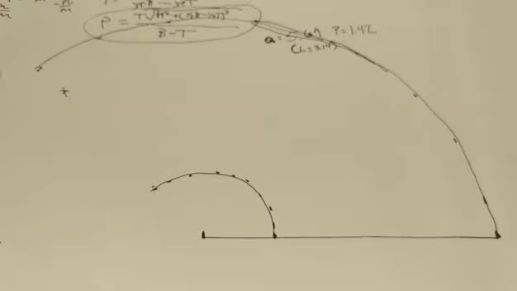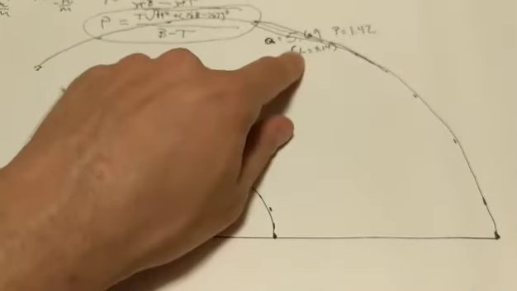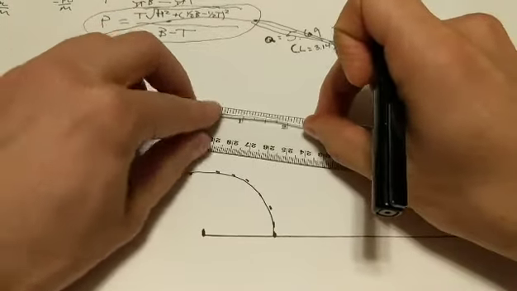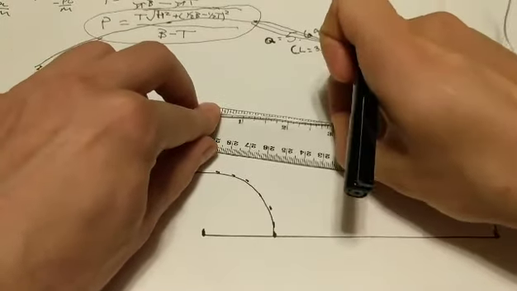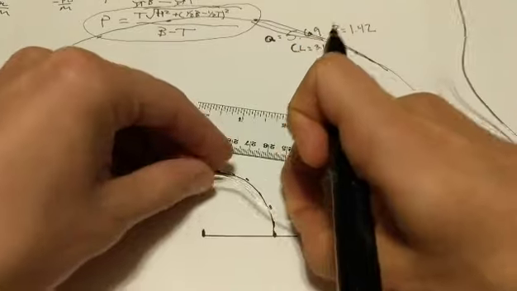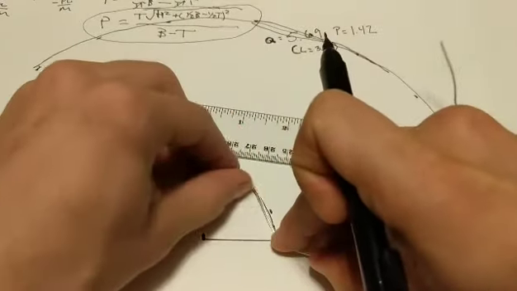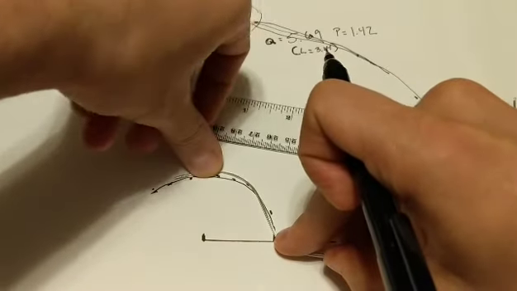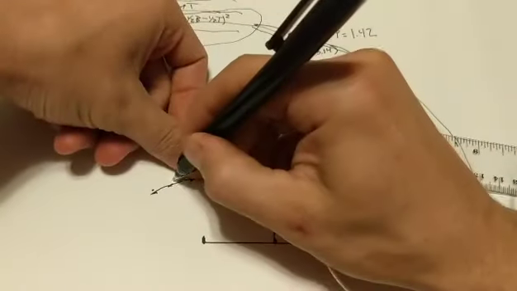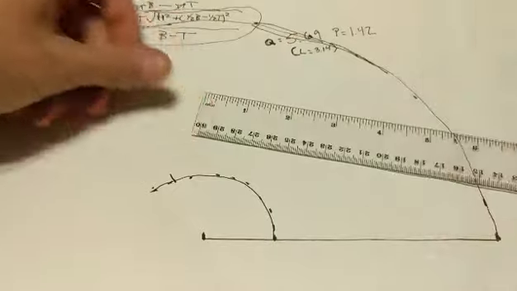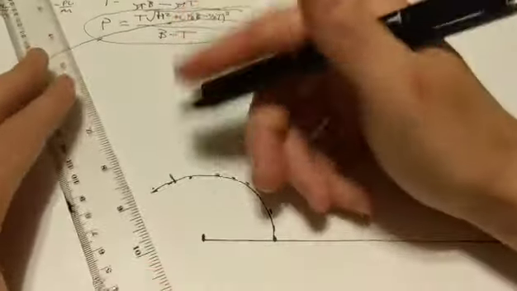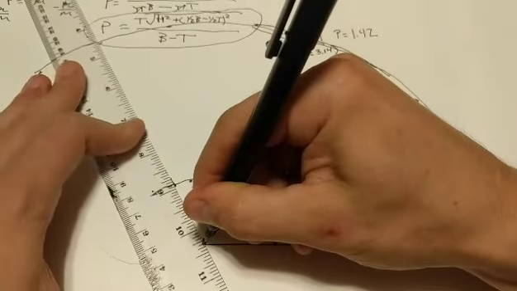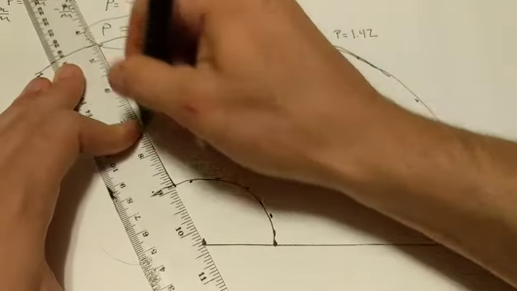So the next thing we need to know is how big to actually make it. We said that L was equal to 3.14, so if I get a little string and measure that, 3.14, and I hold that, so if I start way down at this end and curve it around my bottom template, that'll give me a general idea of where that stops, so that'll be there. And I draw a line from my center point out, including that line, to there.